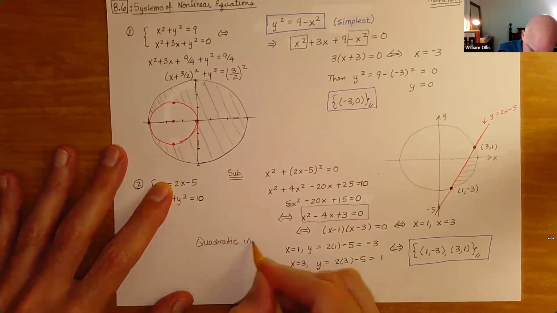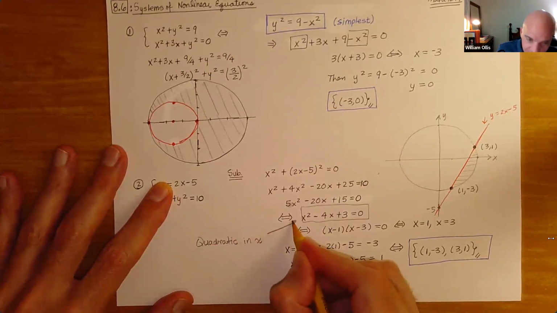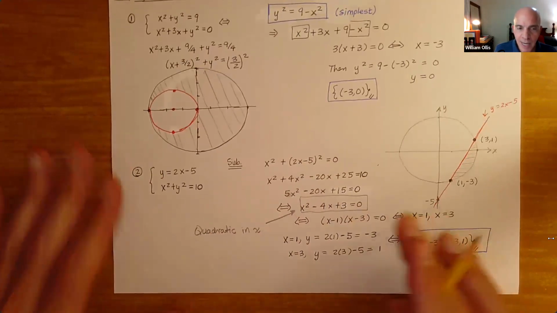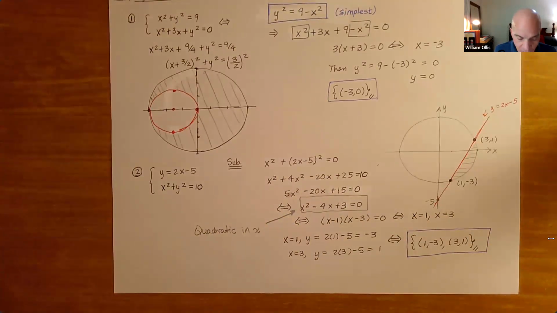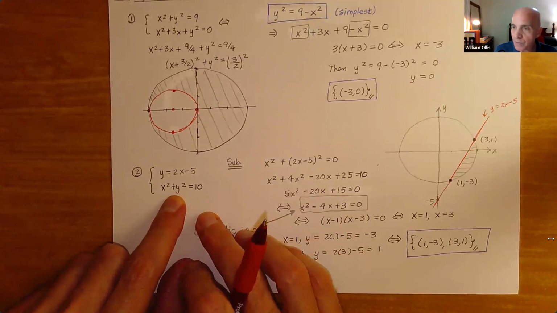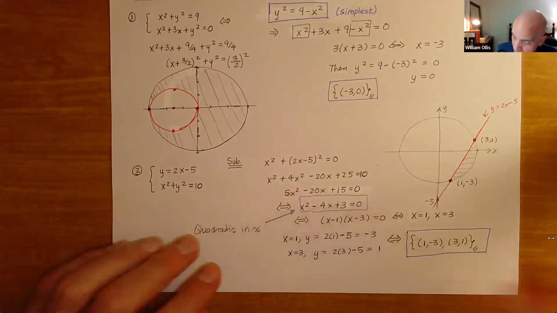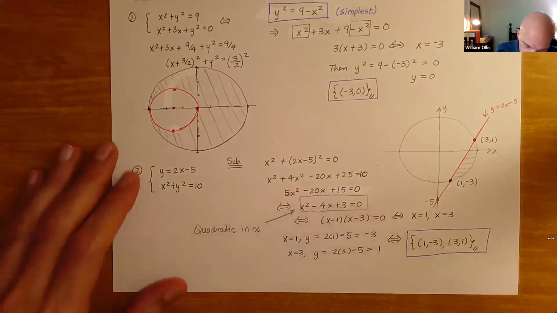in x. Notice, and this is going to be something that you'll study in pre-cal when you do the conic sections, but these types of equations symbolize the general quadratic. For instance, let me just go ahead and write that down.